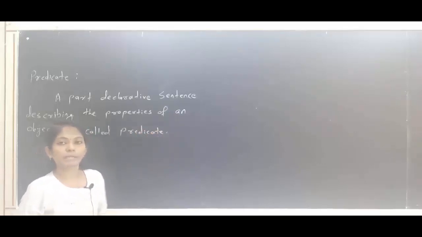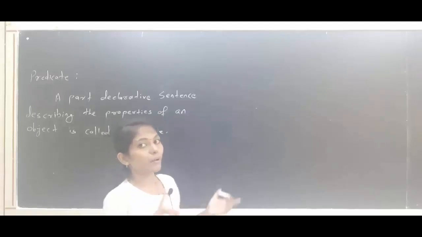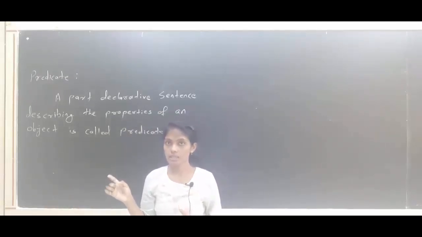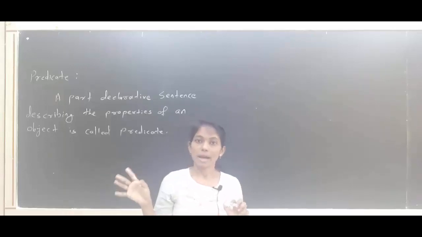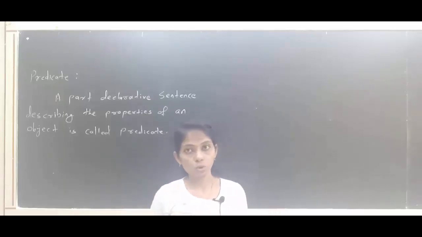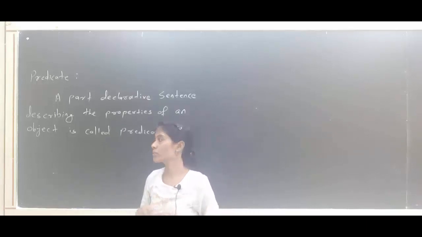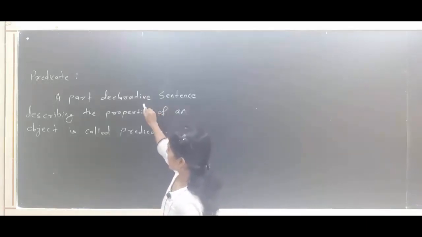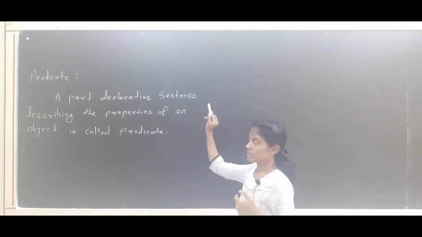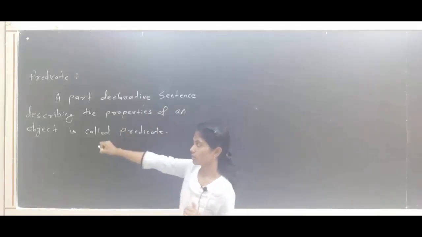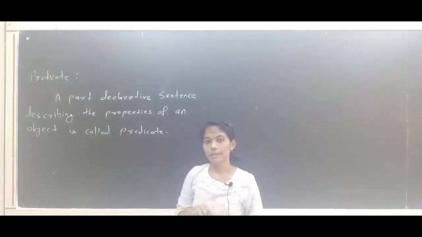So what is meant by predicate? A part of a declarative sentence. A declarative sentence is one whose value is either true or false, but not both. So, a part of a declarative sentence describing the properties of an object is called a predicate.